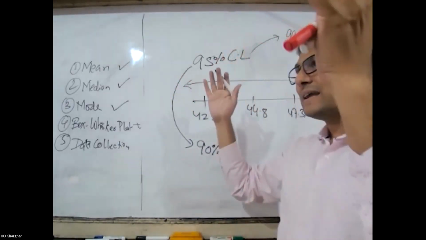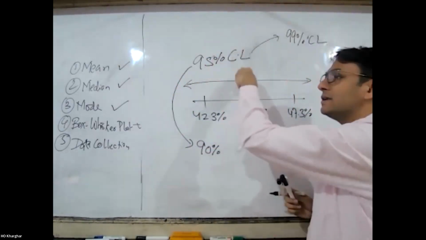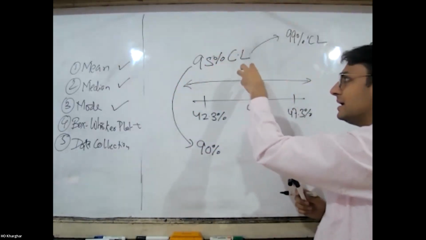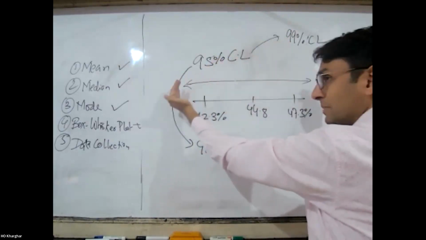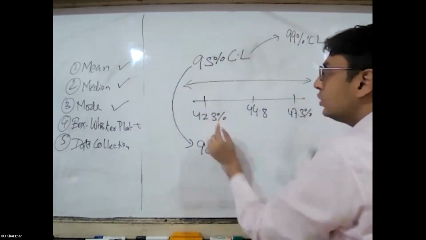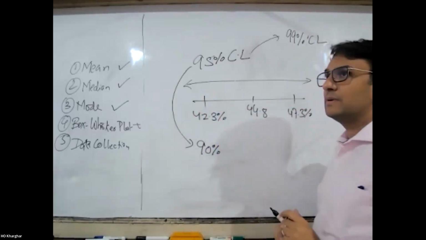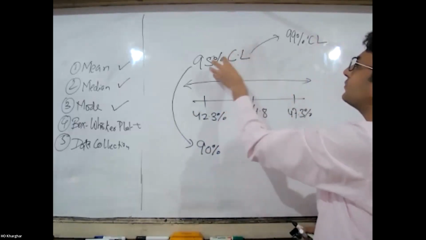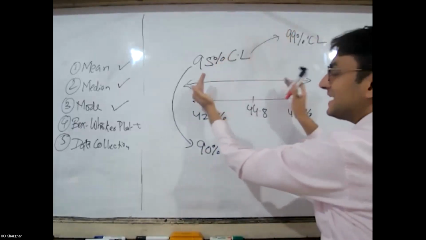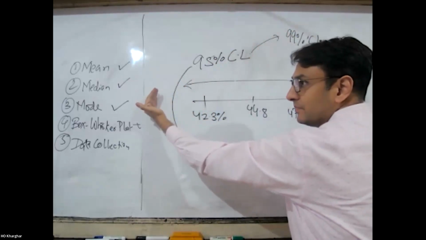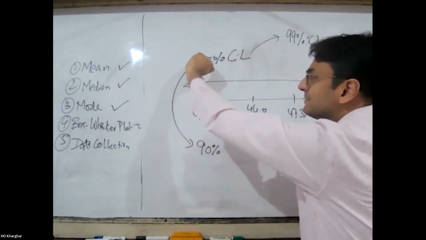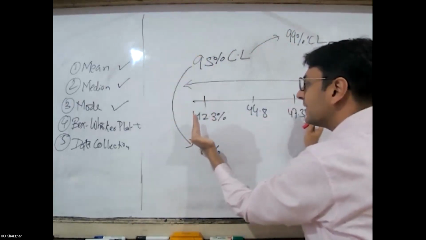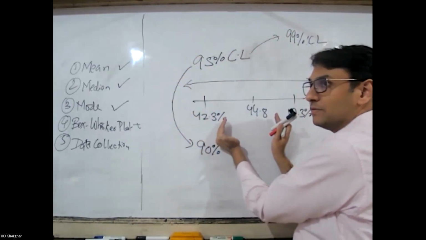For a wider range, I'll be more confident that any other person's average will be in my range. Higher confidence level, more margin of error required. Lower confidence level, my margin of error can go down. Think logically. If I have to be more sure, I need a higher range so that your average falls in this. If I am less sure, my margin of error by the same logic will go down.